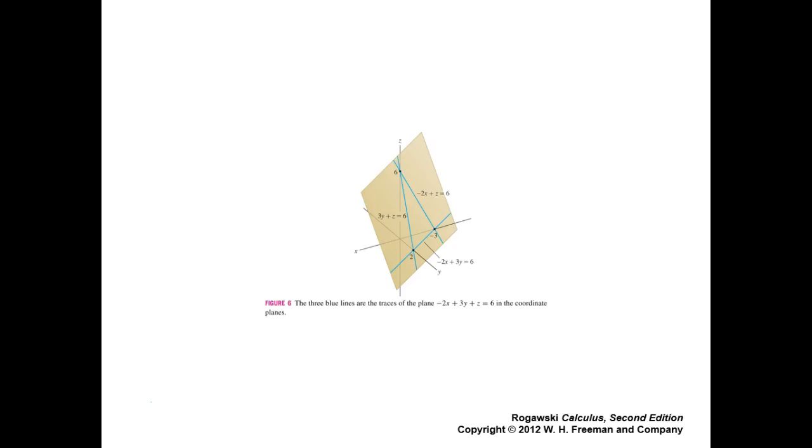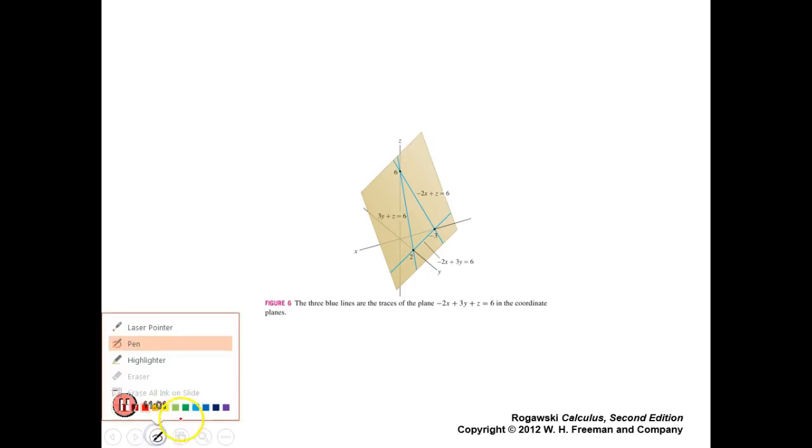I don't think there's any other thing here. Do you want to do the preliminary questions? Okay, do those. What is the equation of the plane parallel to this one? Oops, let me get my pen activated.